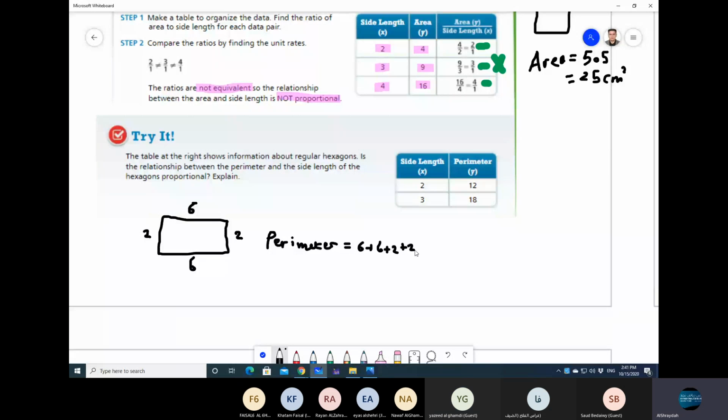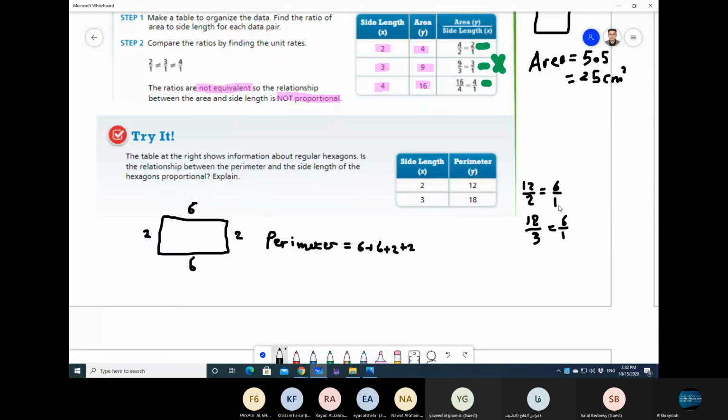So here we have 12 divided by 2. If you simplify it, it gives you 6 over 1. And 18 divided by 3 gives you 6 over 1. So you can say, is the relationship proportional or no?